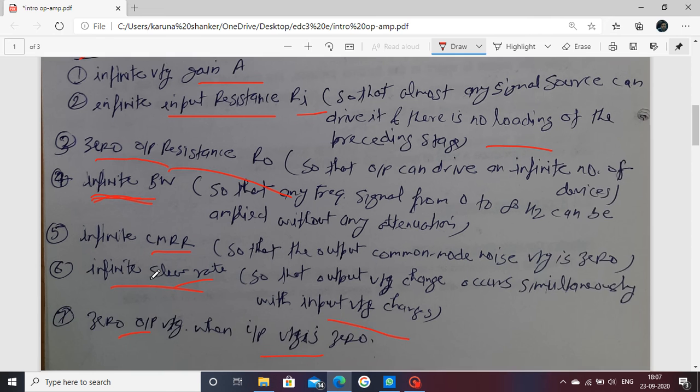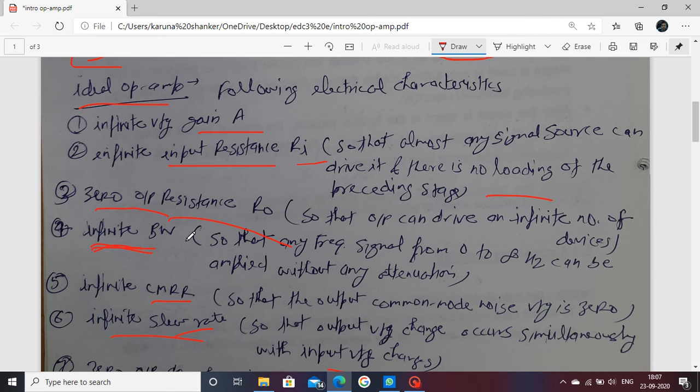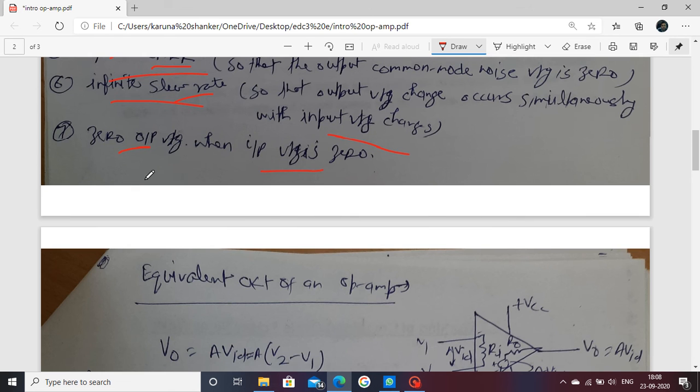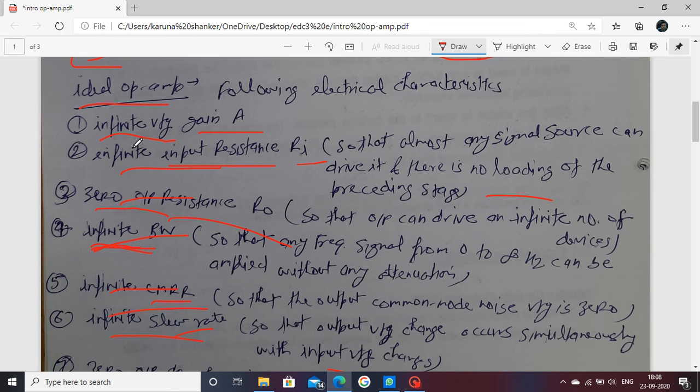This one is 7. Overall conclusion of the ideal op-amp, note down these points: infinite voltage gain, infinite input resistance, zero output resistance, infinite bandwidth, infinite CMRR, and infinite slew rate. Next, zero output voltage when input is zero. You see here the gain is infinite, Ri is infinite, bandwidth is infinite, CMRR is infinite, slew rate is infinite.